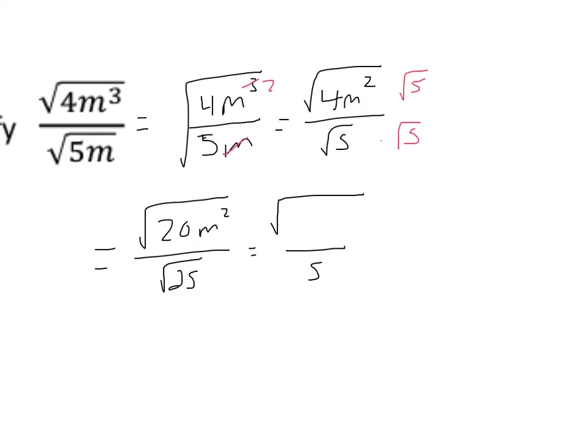So over here I'm going to write down the prime factors of 20m squared. 2 and 10, 2 and 5, and here we have m and m. So we have 2 times 2 times 5, and then times m times m.